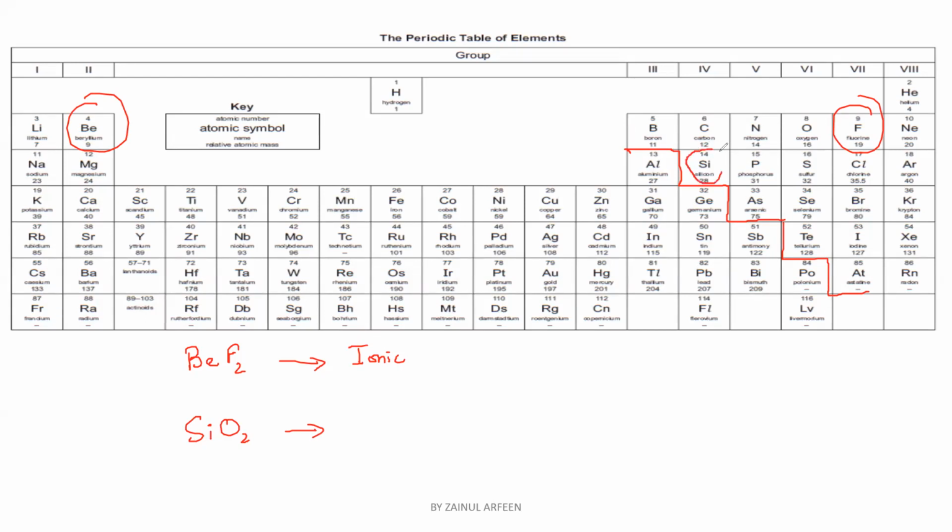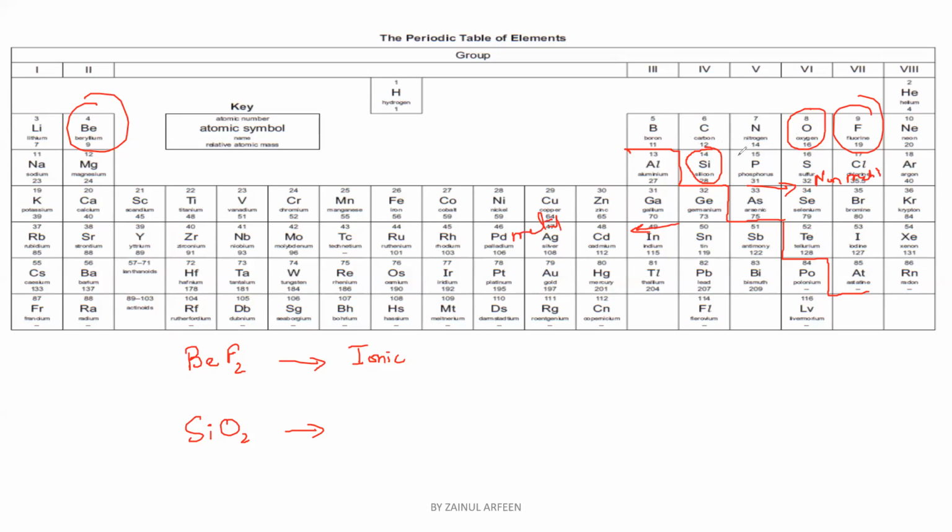When you're predicting the type of bonding, you will consider the things on the right hand side as non-metals, and on the left hand side you will consider them as metals. So you will avoid metalloids.